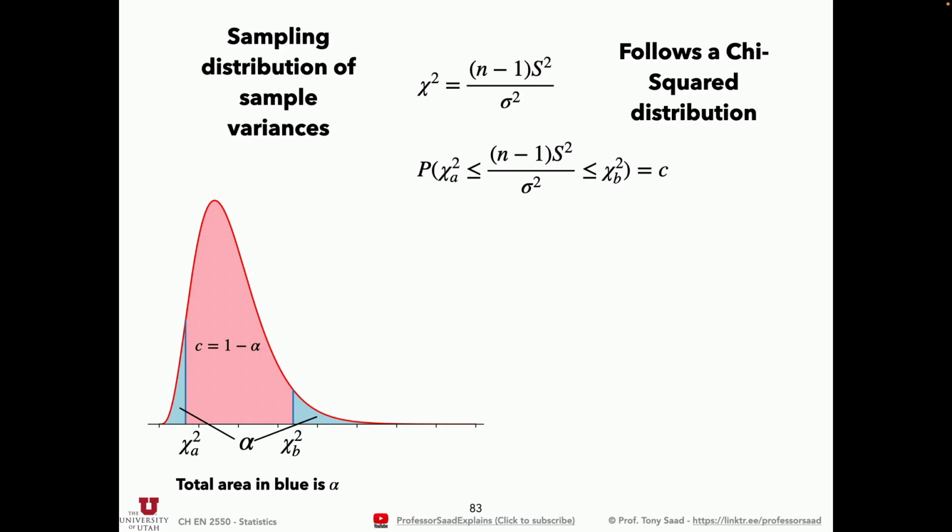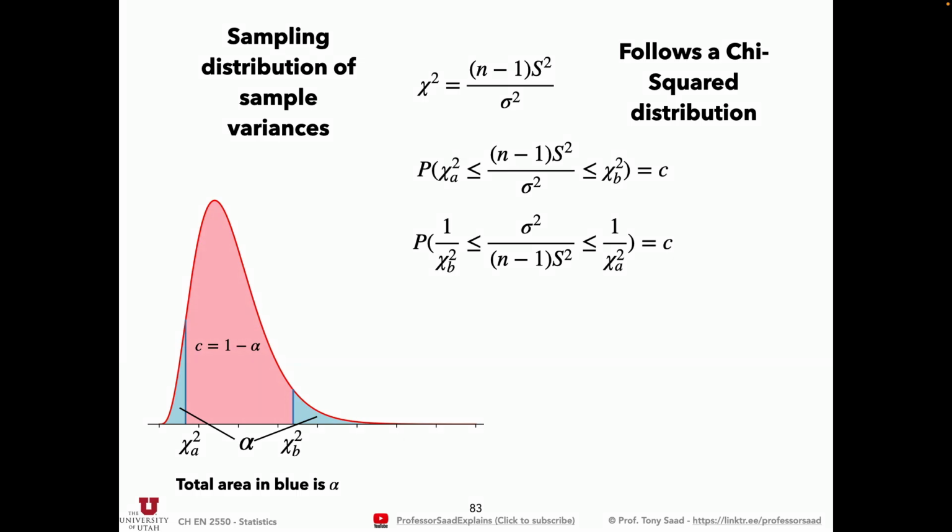Now, what is chi-squared? It's n minus 1 times s squared over sigma squared. We're going to do the same procedure to try to invert that formula. If you take the inverse of this, you're going to have to swap the unequal signs.